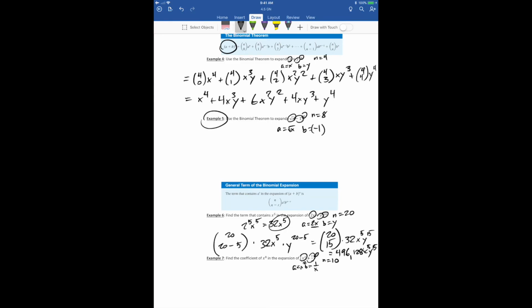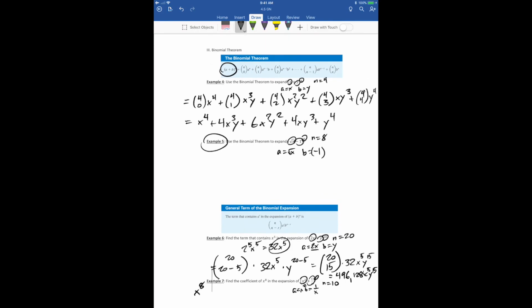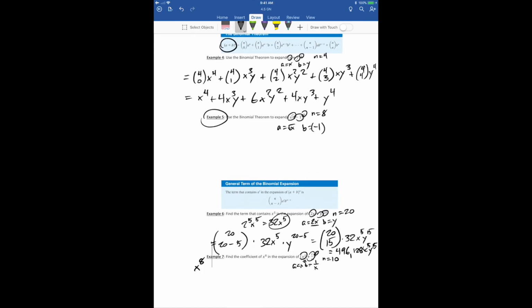I want the coefficient of x to the 8th. So you might say, all right, I need x to the 8th. I know that a is x squared. So that's going to be x squared to the 4th, okay?